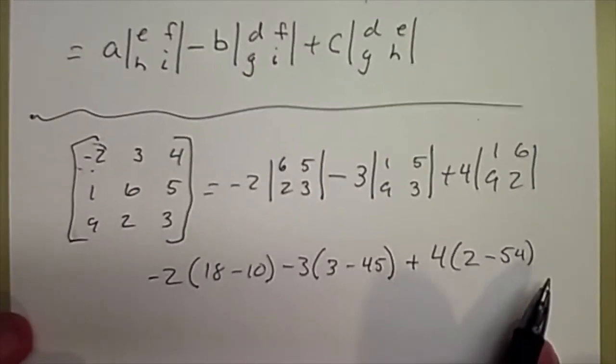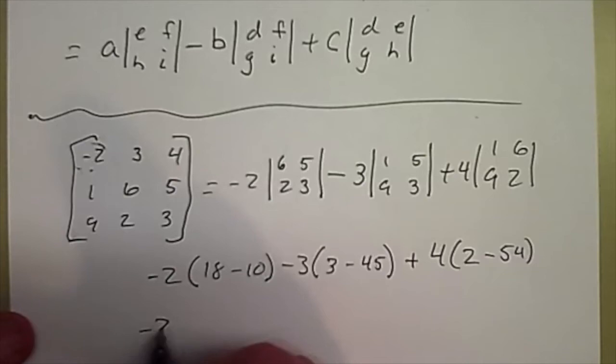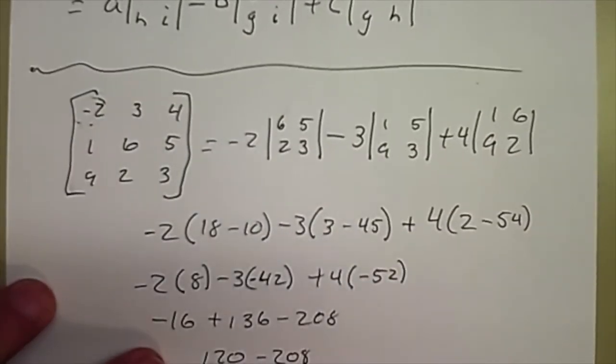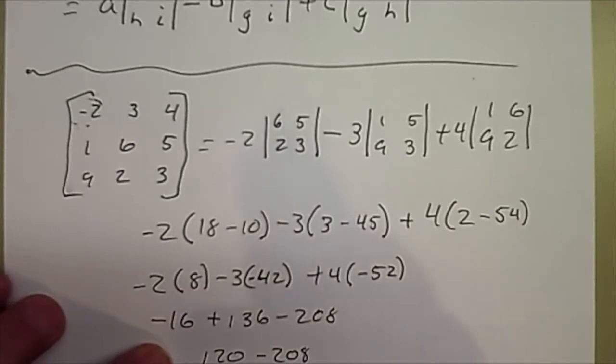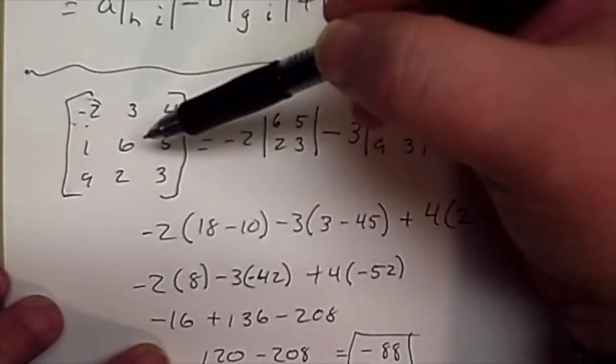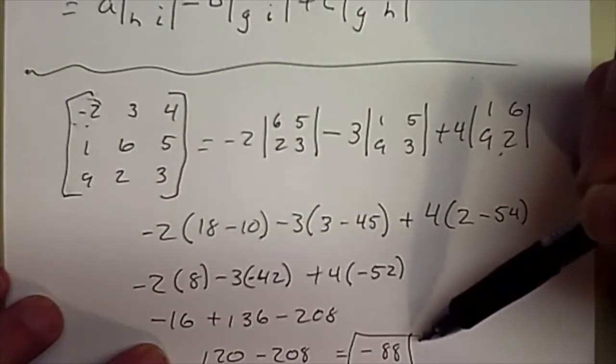And now I take another step, just the inside parts. 120 minus 208 is a negative 88. So the determinant of this 3 by 3 matrix is negative 88.